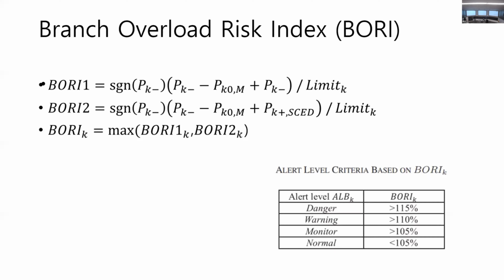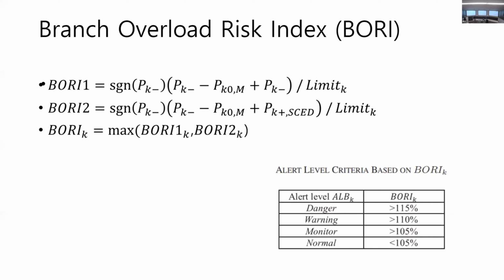PKOM is the measurement of flow on branch K at the time equals negative delta T. And PK plus SCED is the scheduled flow on branch K at time equals delta T, and this is determined by the security constrained economic dispatch at our initial time.